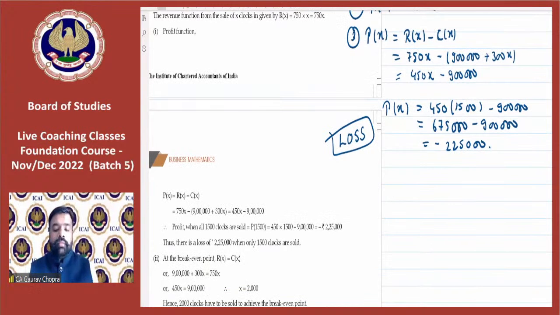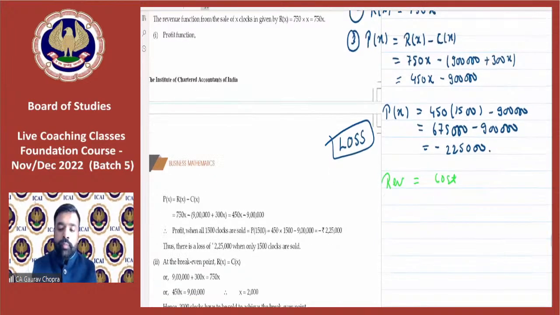Now, secondly, we have to calculate the break-even point here again. So break-even means no profit, no loss, or we can say revenue is equal to cost. So how much is the revenue? Revenue is 750x. What is cost? Cost is 9 lakh plus 300x. Now we can equate them and get the result.